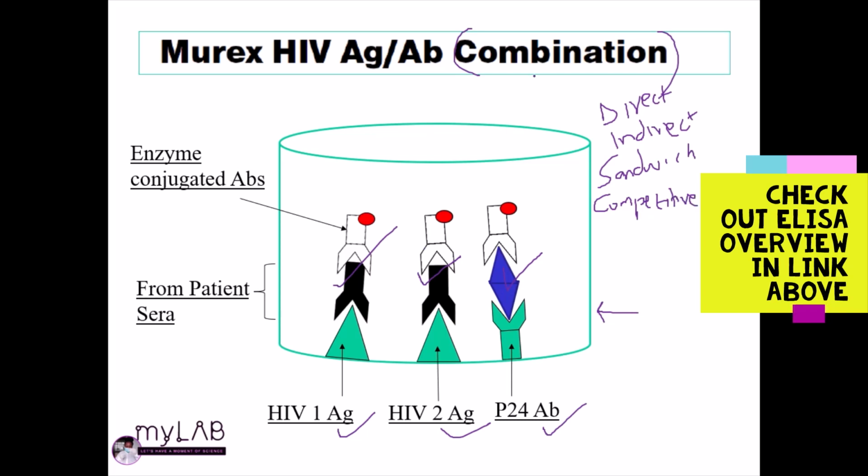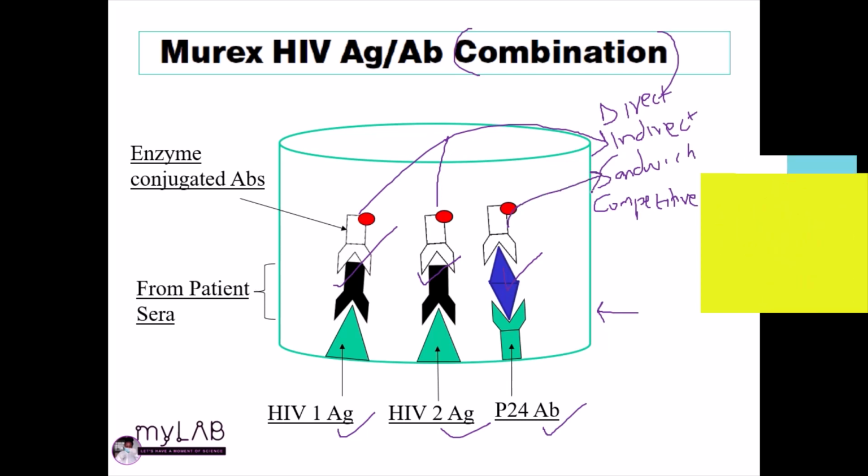Now in this case, being a combination, we are having two methods or two types. This one is indirect ELISA, and this is sandwich ELISA.